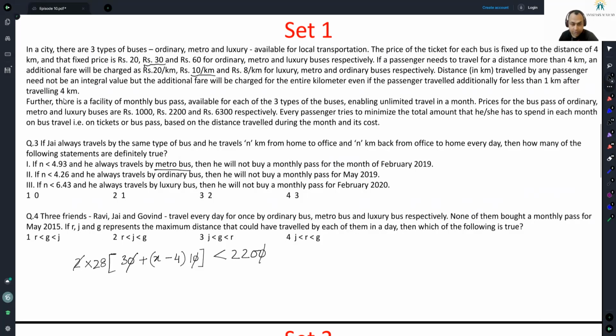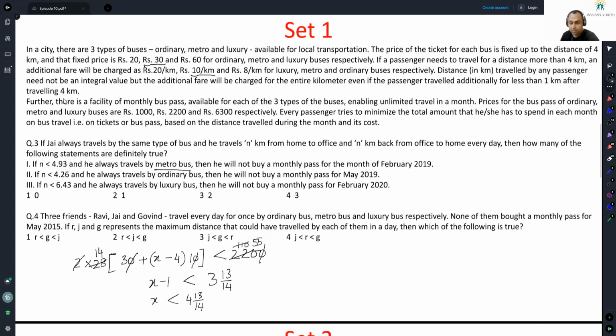Then get rid of this 2, 110. Also get rid of one more 2. So 14 and 55. So I get x minus 4 plus 3. So x minus 1 is less than 3 whole 13 by 14. So x is less than 4 whole 13 by 14.